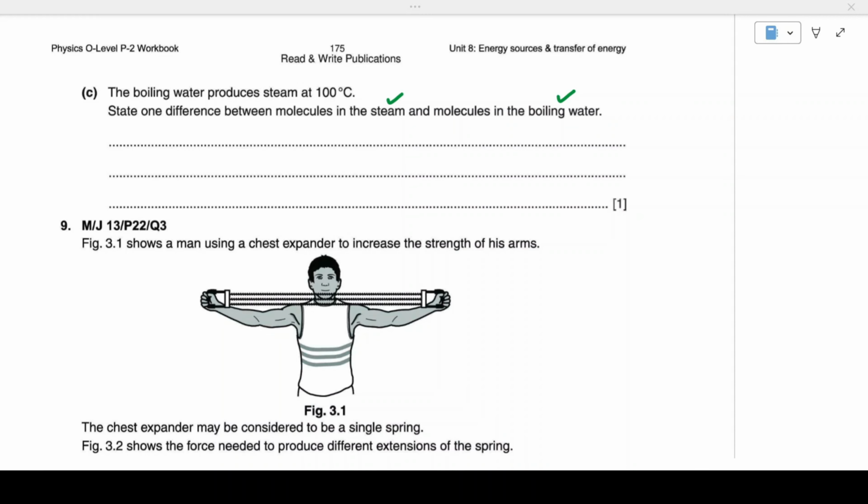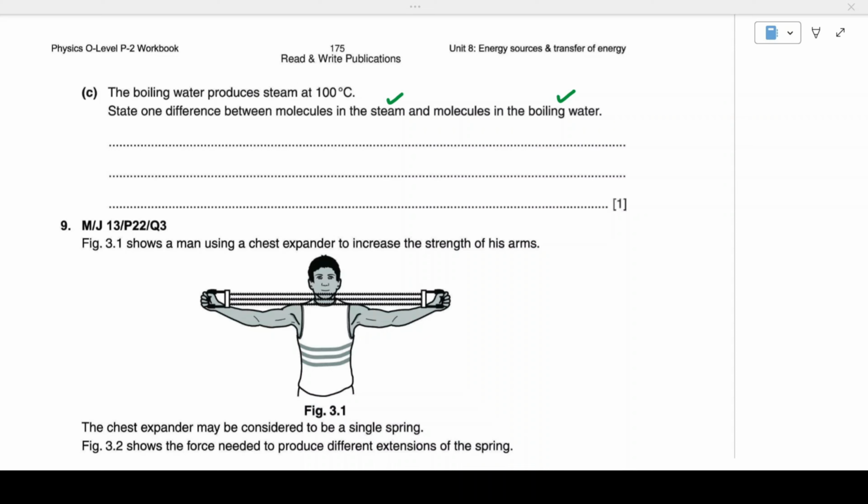Steam is not even formed below 100. If the temperature is decreased again, the steam would then be condensed into water vapors, so it's no longer steam.